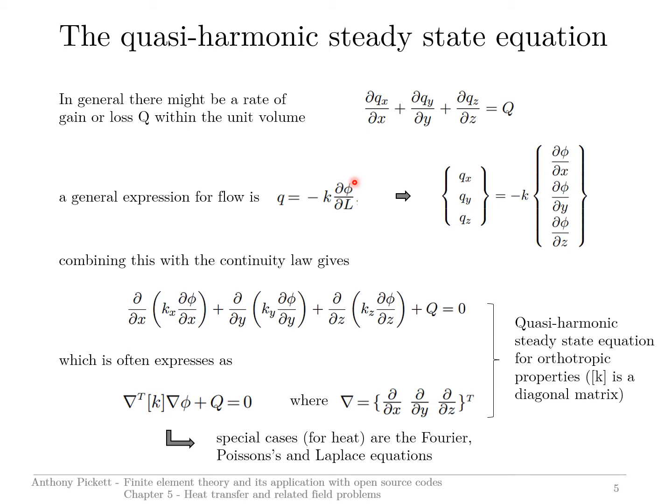So for example, if we're considering temperature in a heat analysis, phi here would be temperature, and this would be the change in temperature over a length L. This would be conductivity, and this would be flow of heat. We introduce the minus here because normally we assume that Q is positive as we go from a higher temperature to a lower temperature.